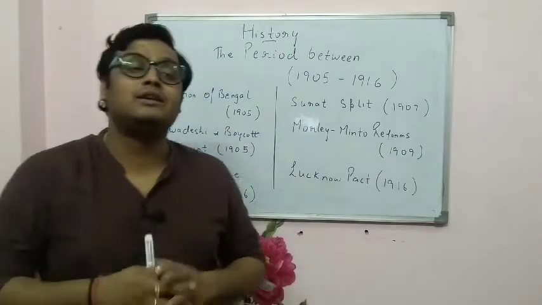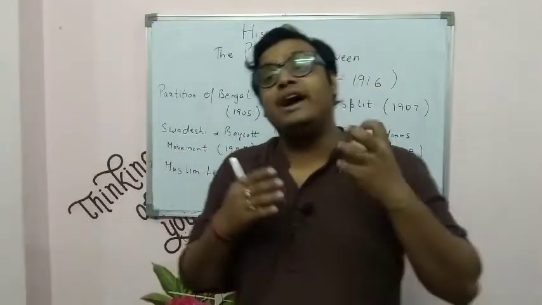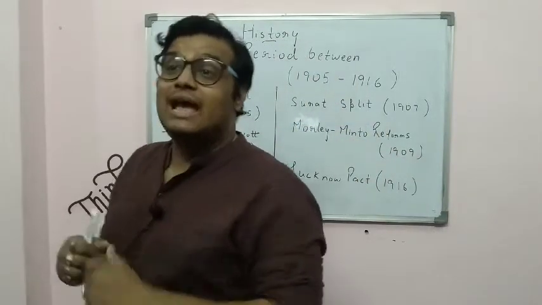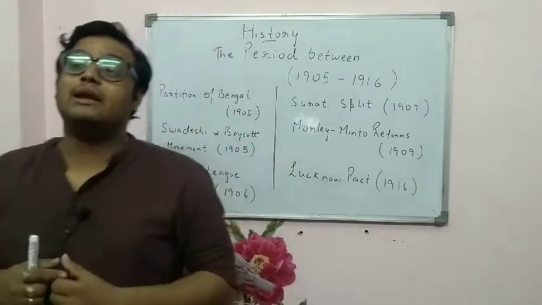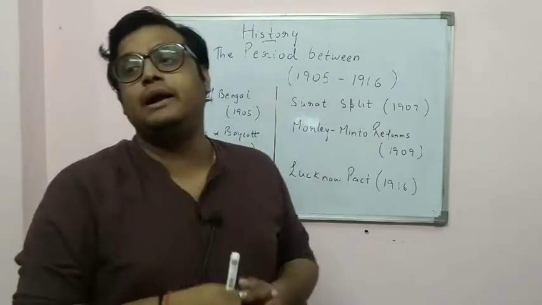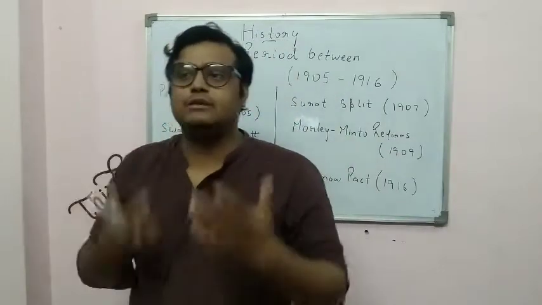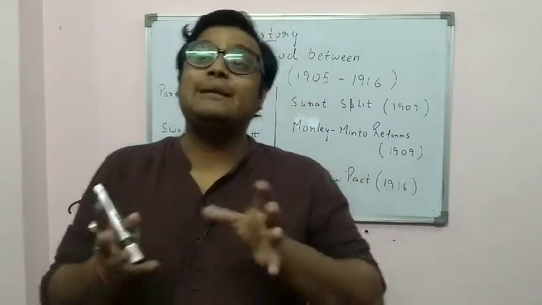He thought that the Congress was doing nothing for the Muslims and that Muslims should get their rights by way of a separate party rather than as part of Congress. That is why he left the Congress and joined the Muslim League.